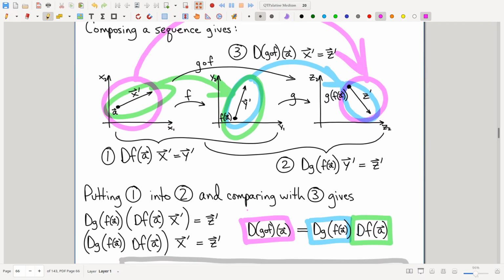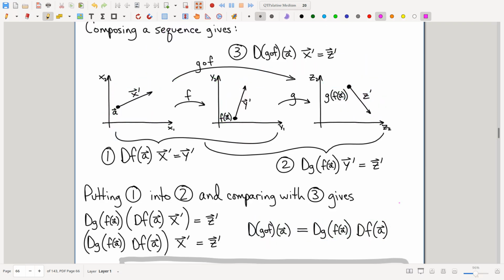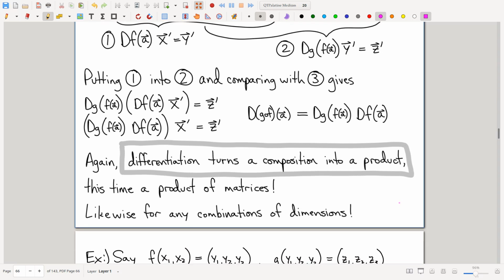Now again, you can look at all that algebra if you like. I think it's arguably more trouble than it's worth, maybe kind of a distraction from the point, really. But suit yourself. If you don't believe me, take a look at that algebra, and it all works. And again, we get this really nice punchline, which is that when you're doing differentiation, effectively what you are doing is turning a composition into a product.